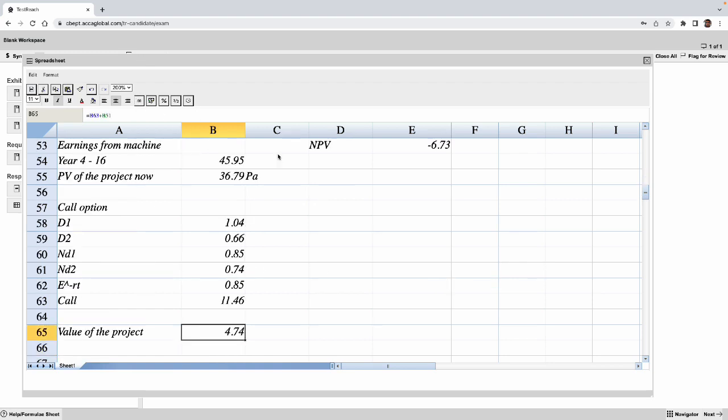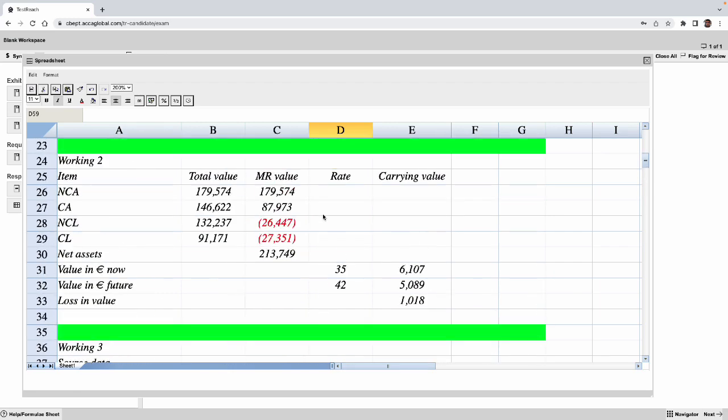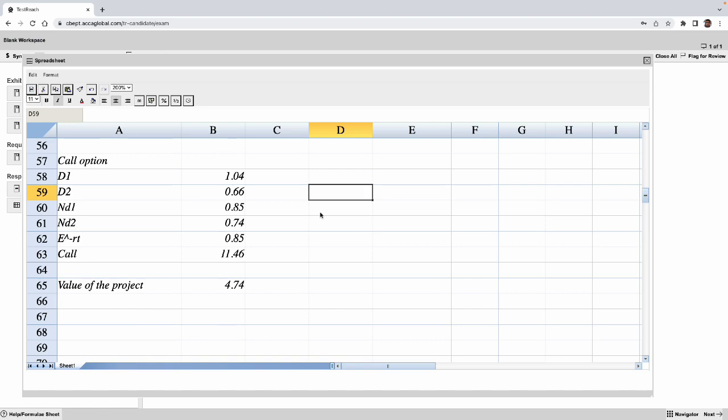You should get somewhere about 4.74 million. Are we okay? All of you clear? Can?